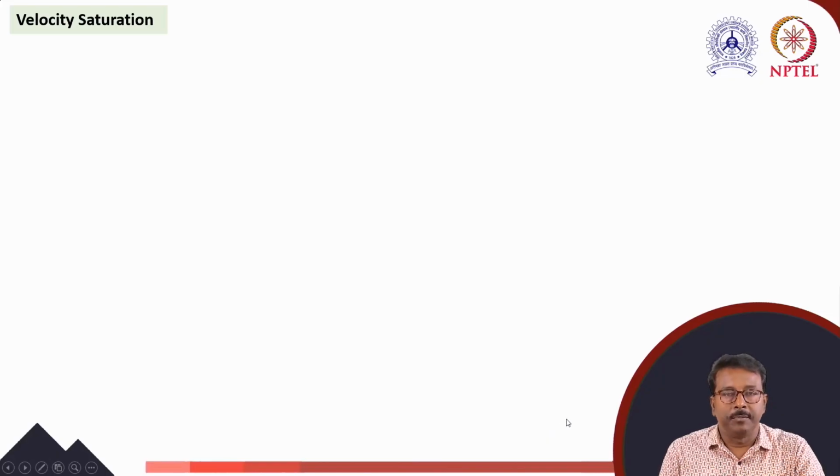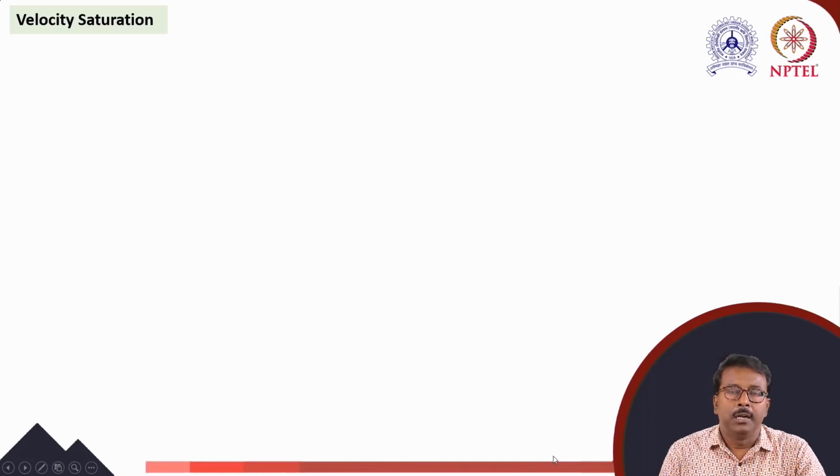Velocity saturation. If we consider the basic equation of mobility and relation of this mobility with the average drift velocity, the average drift velocity is mu times electric field. So in last class we have started from the definition of this mobility.